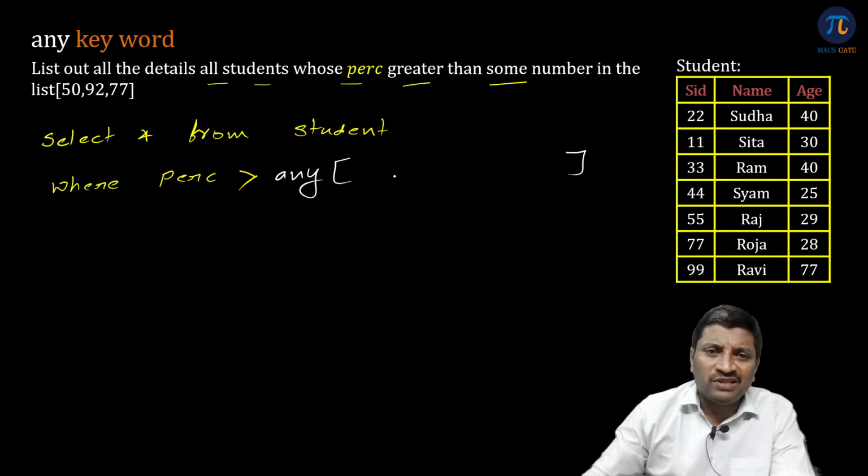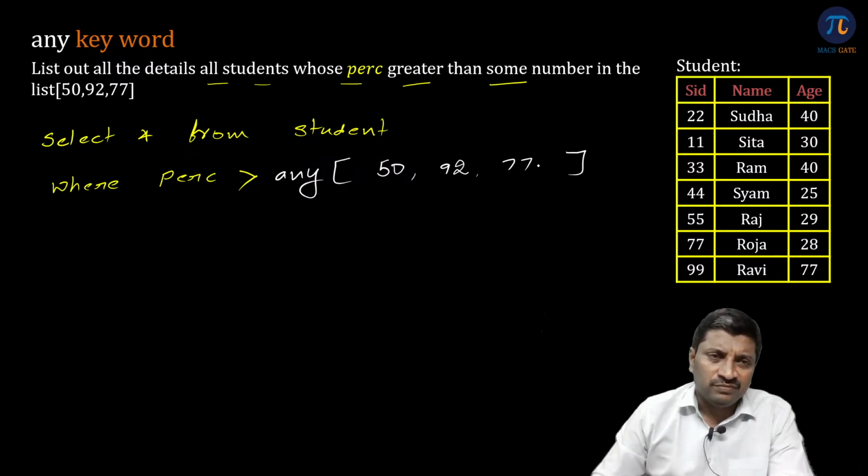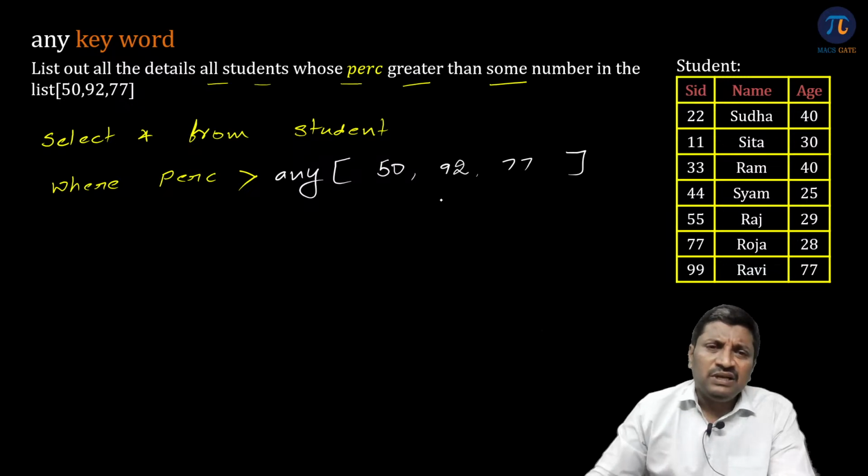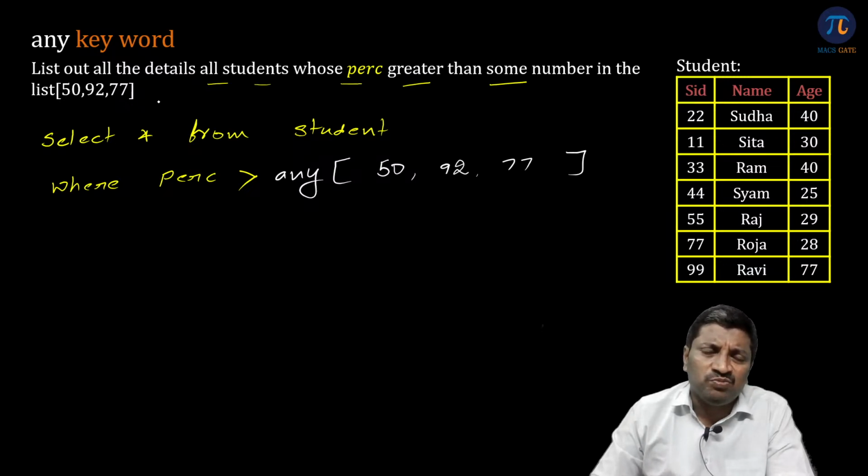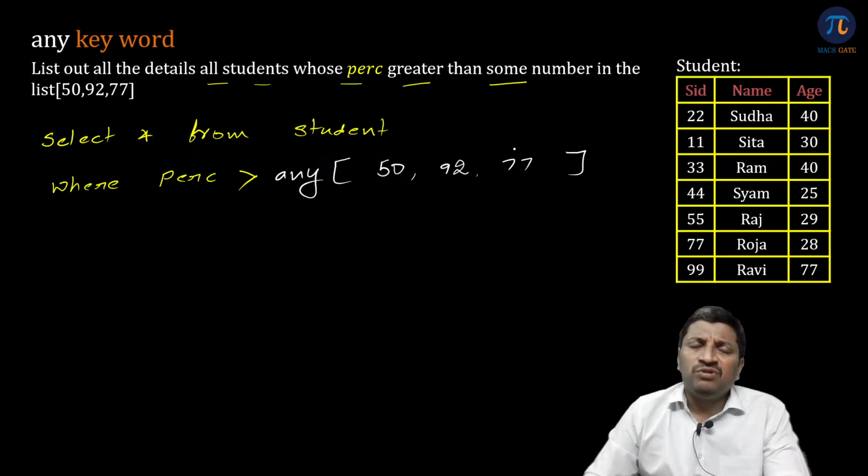What are the numbers you are having, sir? 50, 92, 77. In this example, we assume that we know these numbers beforehand. Now suppose we want to retrieve these numbers by using another query. Then we will go to the concept of nested query.